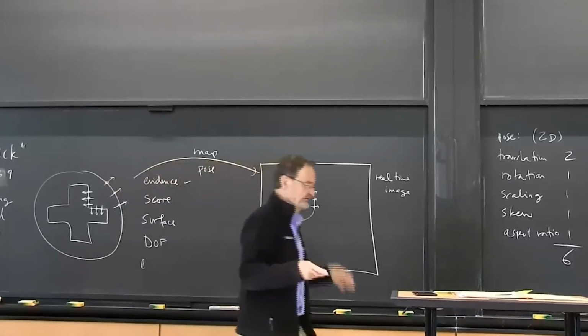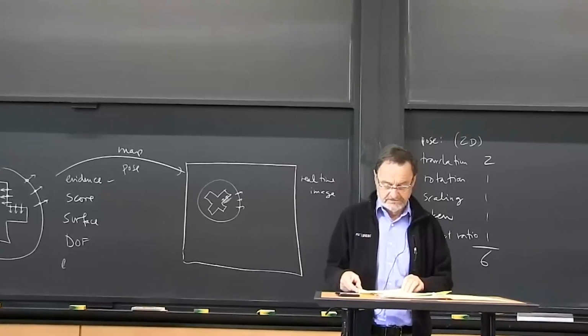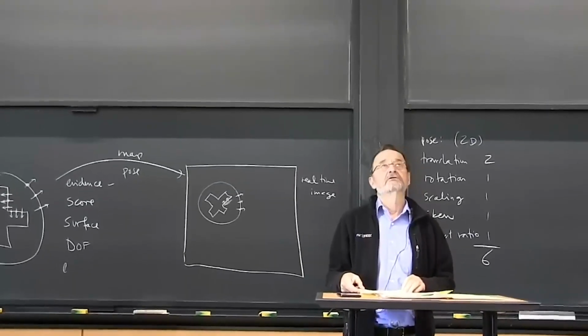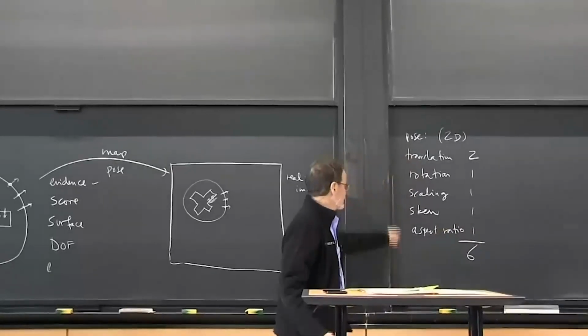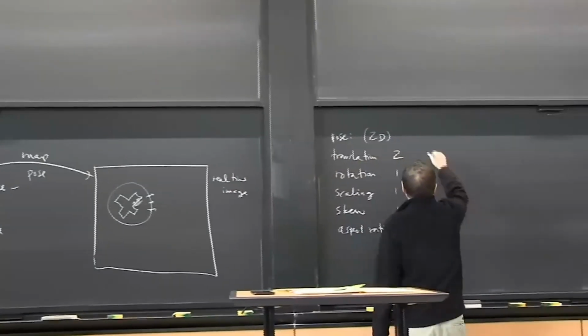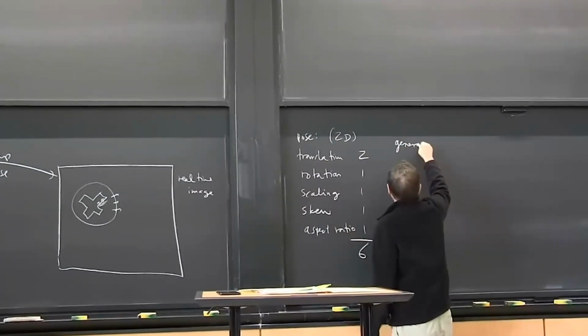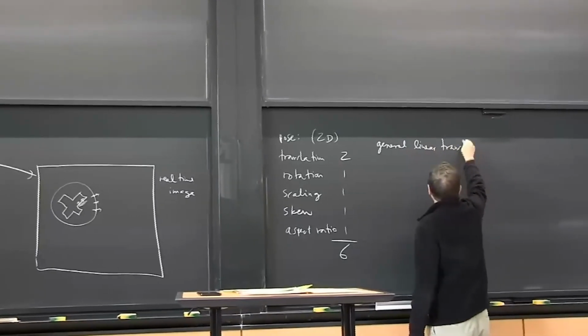And if you quantize it to something more reasonable, like 100, then you're up to 10 to the 12. Really? Yeah, 10 to the 12, which is impractical. So in most applications, we don't use all of these. By the way, if we put them all together, we get a general linear transformation.